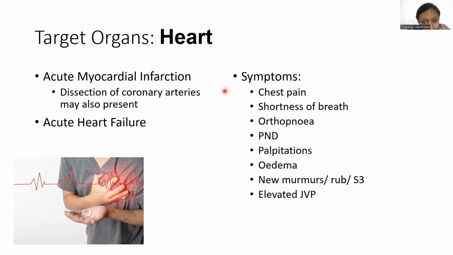If their chest pain is retrosternal, tightening type, associated with nausea, vomiting, radiating to the left arm, jaw, neck, you must be thinking, okay, is it an anginal pain?